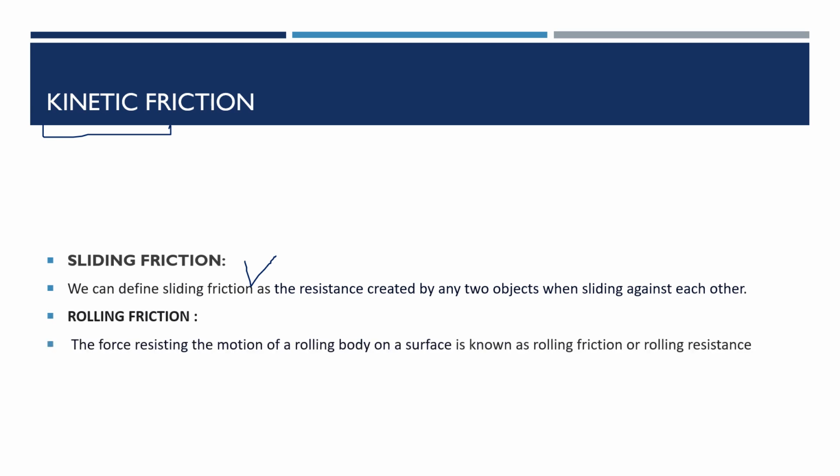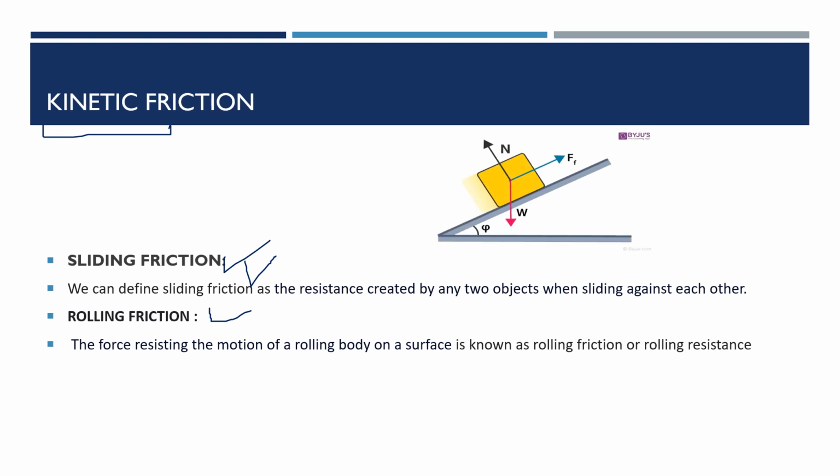Now you may be confused about the difference between sliding friction and rolling friction. There is a huge difference between them. When a body slides over another body, all of its lower part is in contact with the surface, or it makes a proper angle.